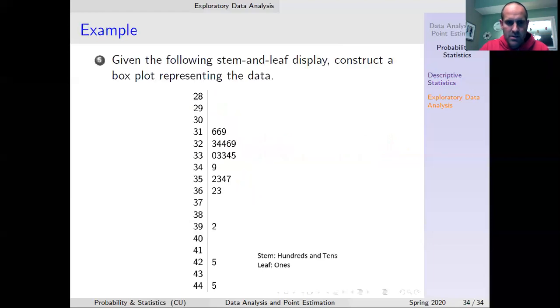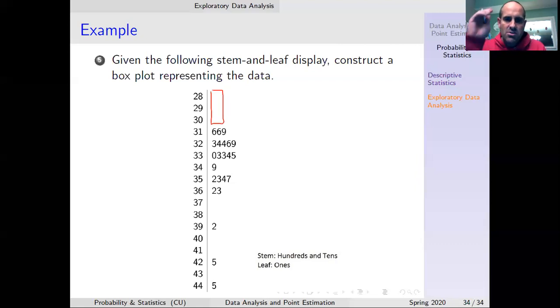All right. So let's have a peek at this right here. Given the following stem and leaf display, and again, notice, data values always have a stem and a leaf. And you'll notice that right here, there is nothing.